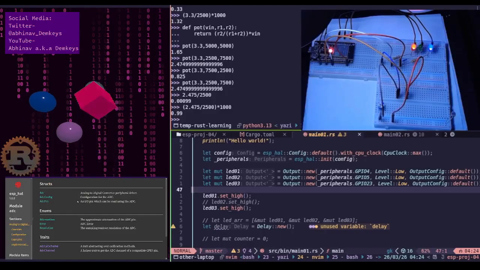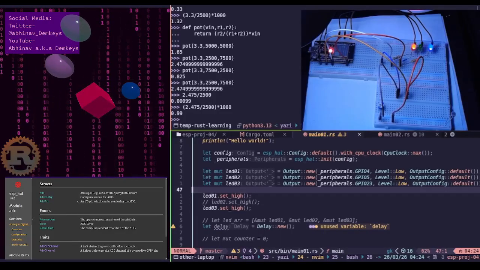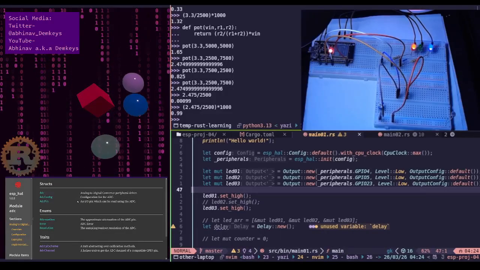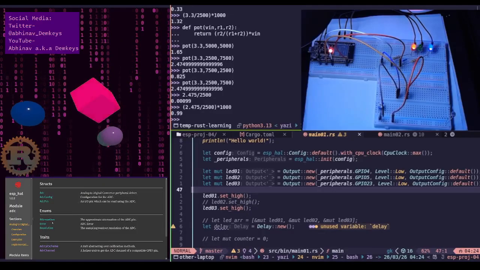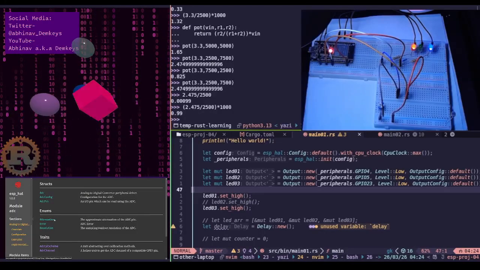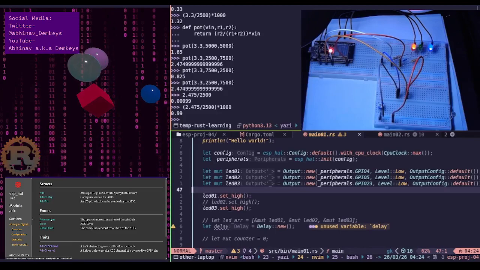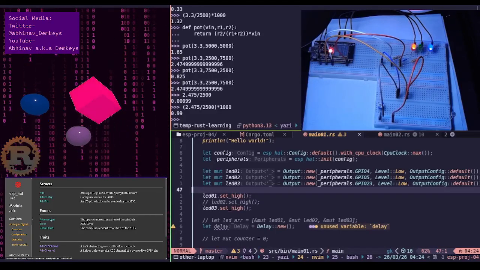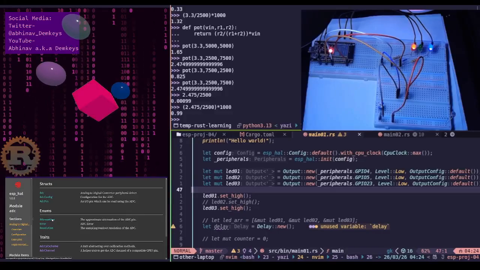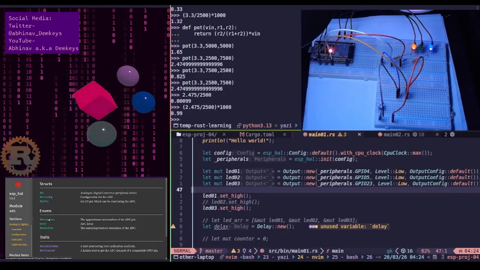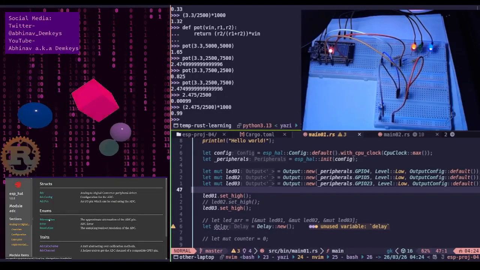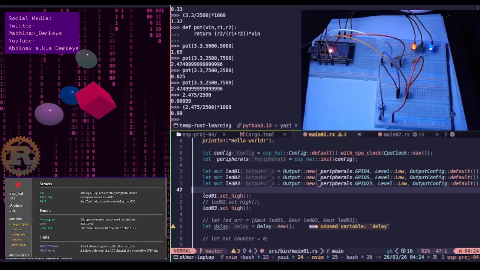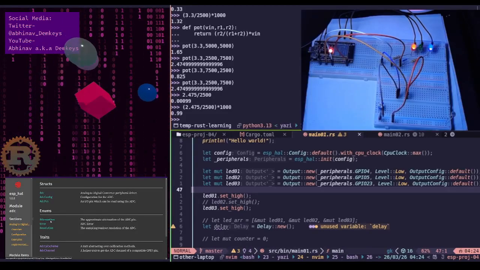Oh, here it is. Somehow it didn't occur to me that the attenuation is for the ADC, and so I should probably look in the ADC module of the ESP HAL crate.